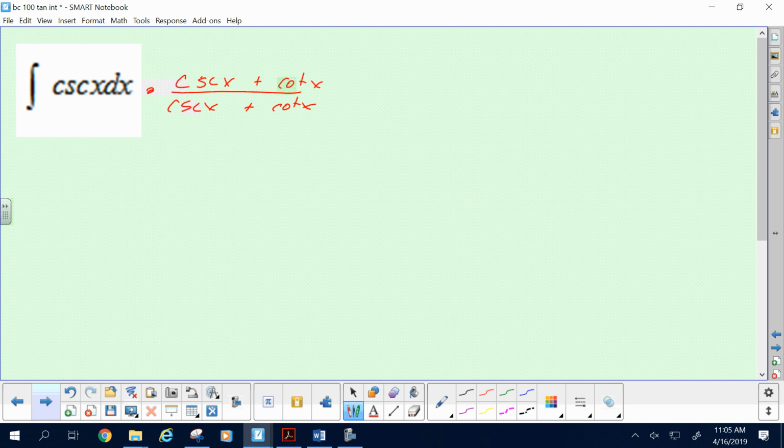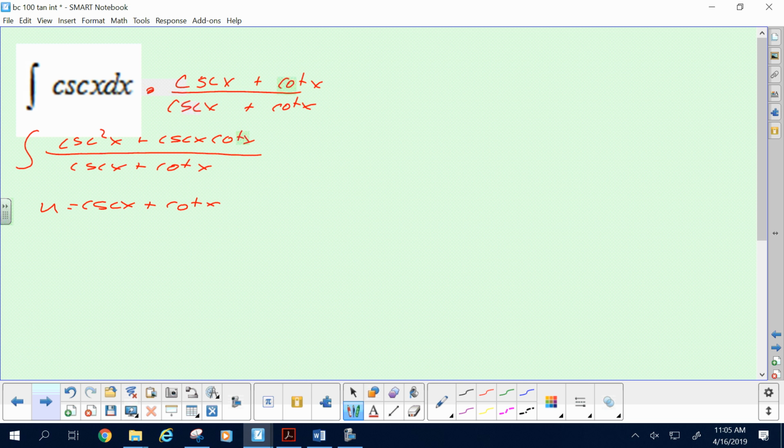If I do, that'll become cosecant squared plus cosecant cotangent over cosecant plus cotangent. Now if I let u equal cosecant plus cotangent, what's the derivative?